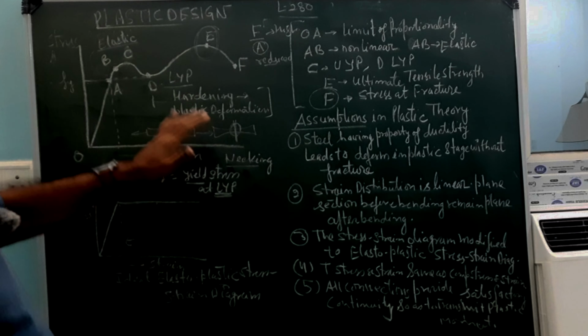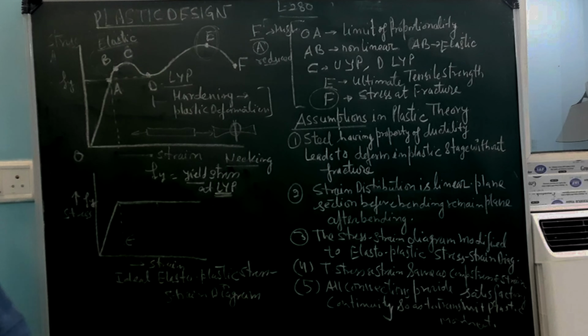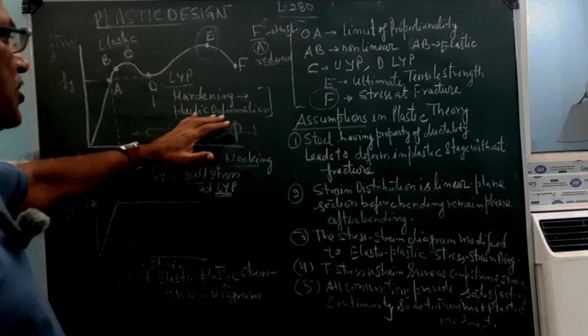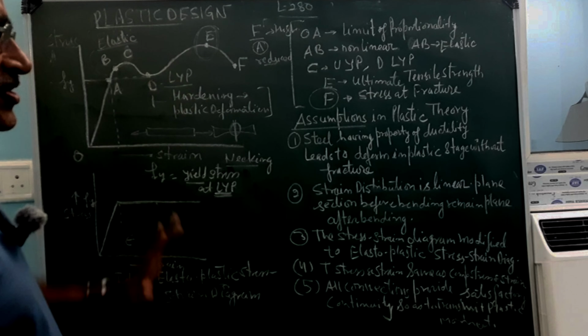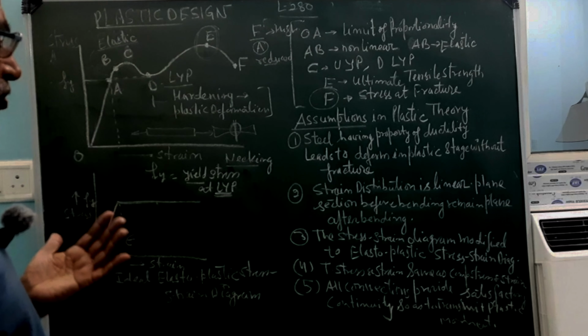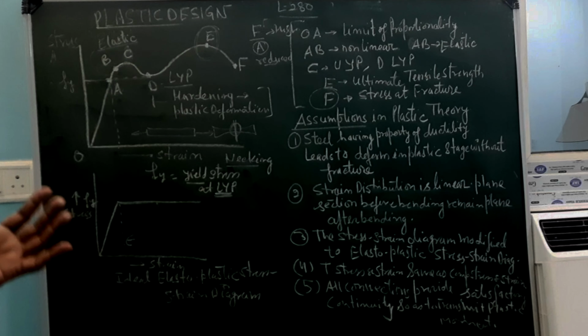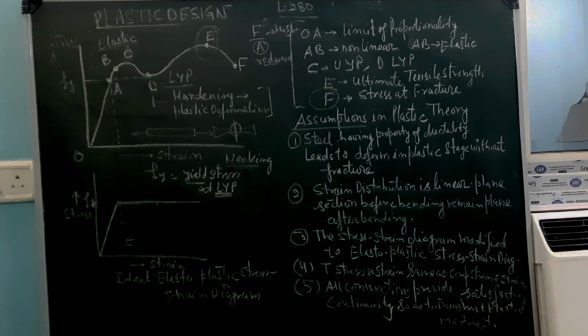This concept is based on the deformation which takes place because of the plastic behavior of the steel, and strain hardening. If you include this, then this design will be called a plastic design.